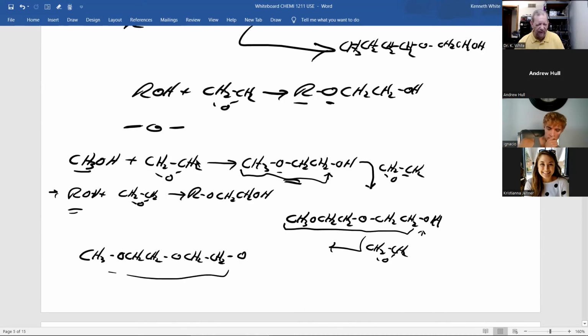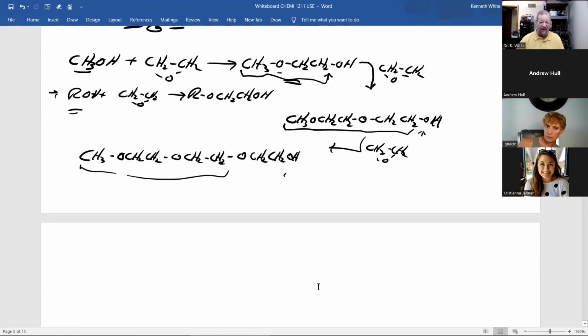This is my new R group. And then I'll have OCH2, CH2, OH. Now, if we look at this new molecule, I have an alcohol again. I can react it with more ethylene oxide. And I can be like the Energizer bunny, boom, boom, boom. You know what I'm talking about. And keep on going and going with this.